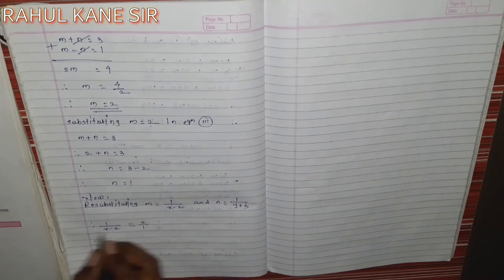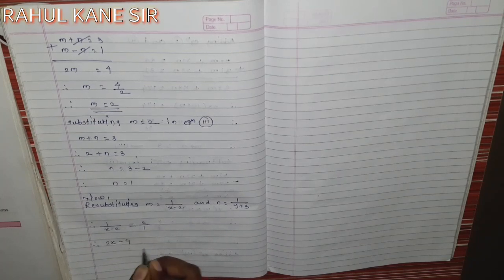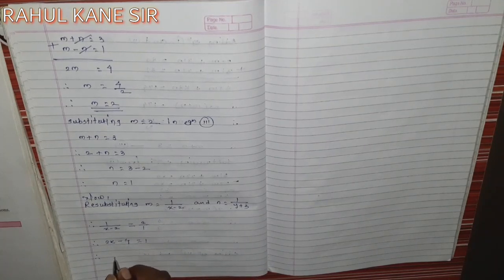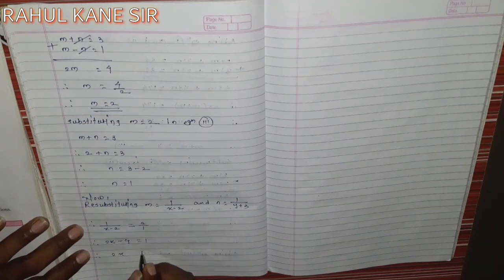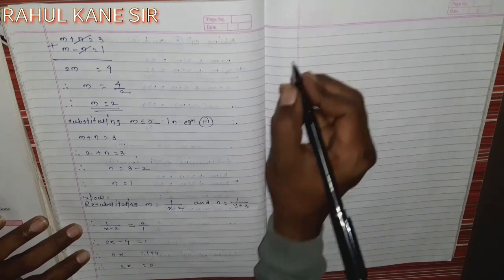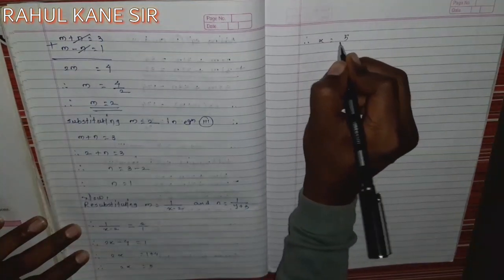By cross multiplication we get 2x minus 4 equals 1. Therefore 2x equals 1 plus 4. Therefore 2x equals 5. Therefore x equals 5 divided by 2.